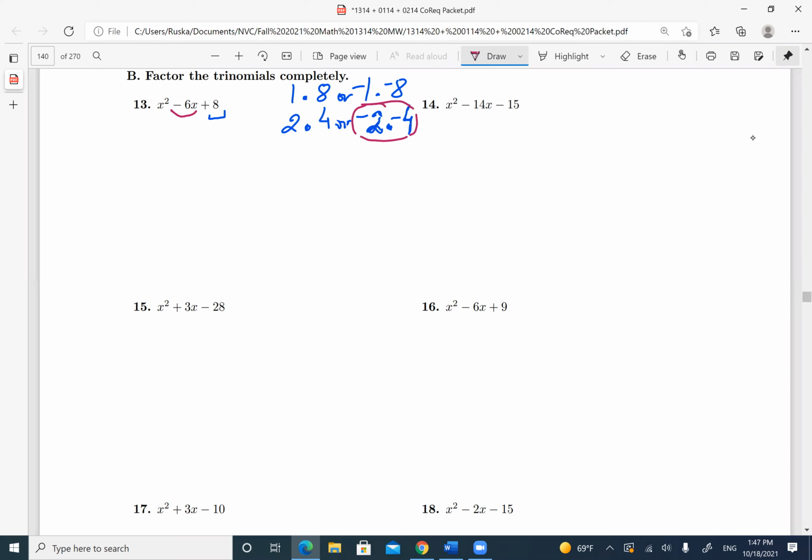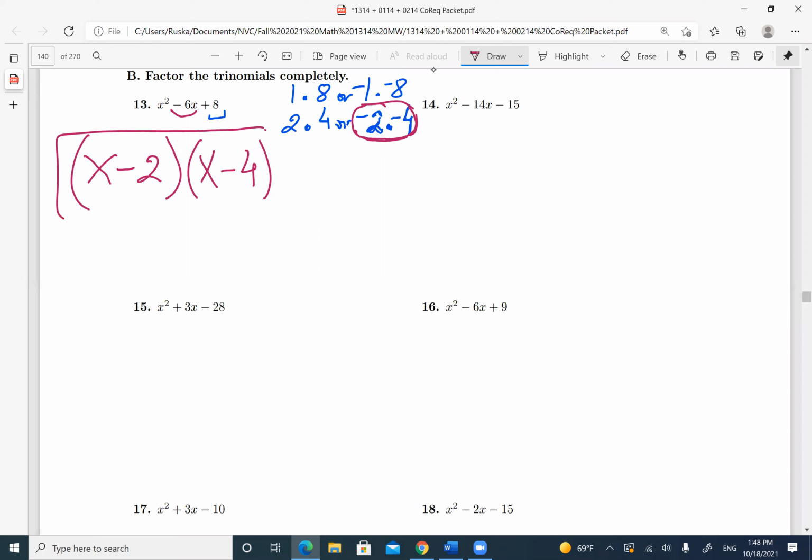I call them magic numbers because we need to find those numbers. When you multiply -2 times -4, we get +8. And when you add them, you get -6. So what you do with those magic numbers, you just put x next to them, and that's your factored form. How do you put x to them? Just x minus 2 times x minus 4.